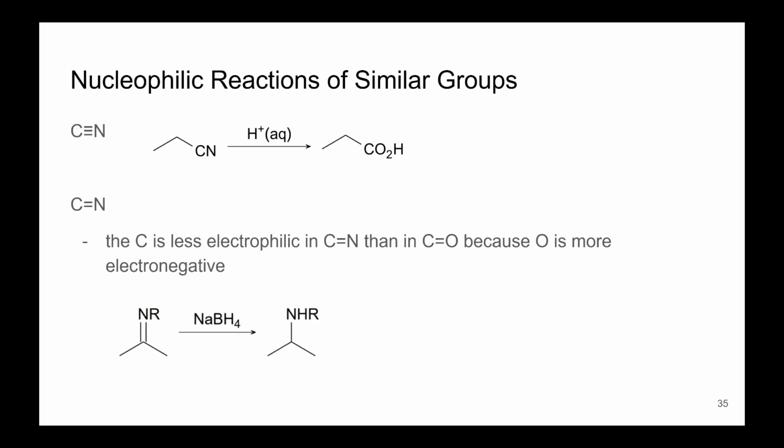For the C≡N group, you can also have a reduction reaction. Your NaBH4 is a nucleophile and reducing agent. It can reduce your C=N double bond to your C-N single bond. That's pretty similar to using NaBH4 to reduce a ketone.